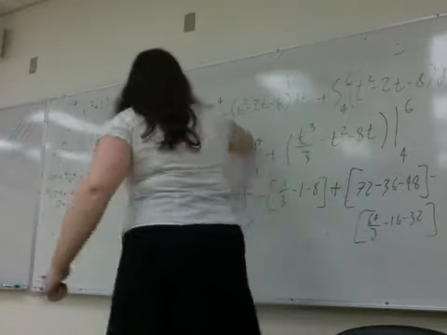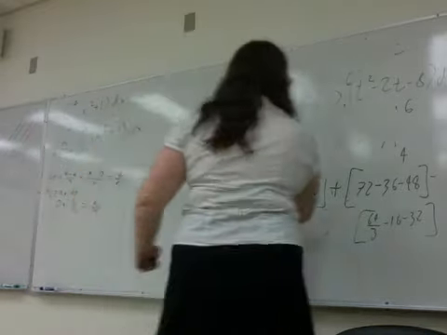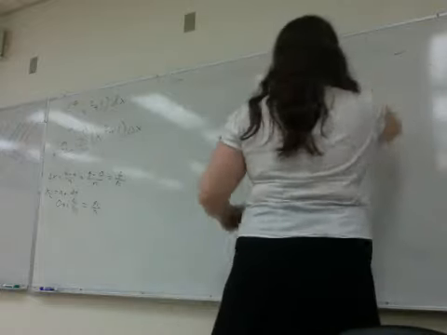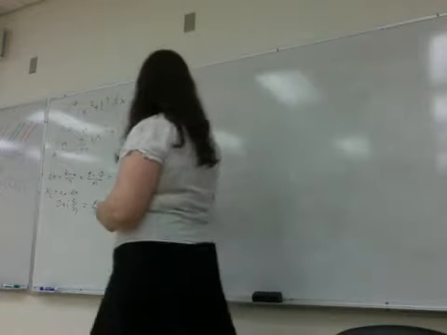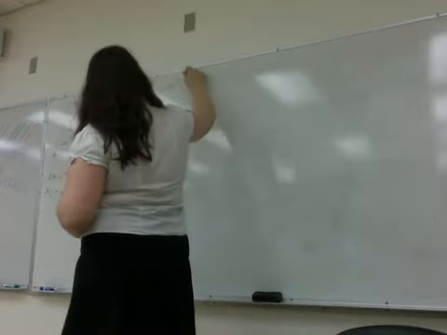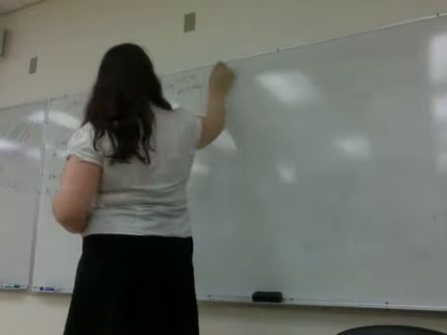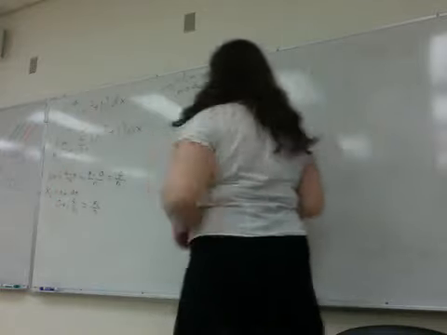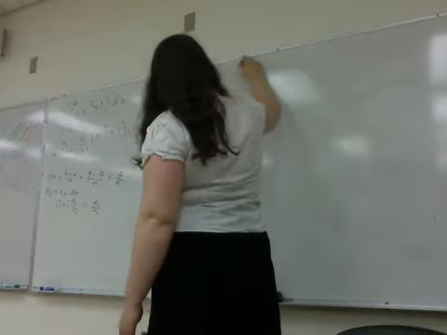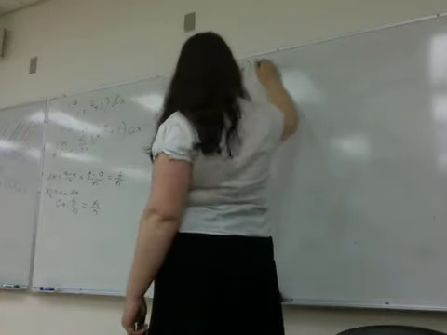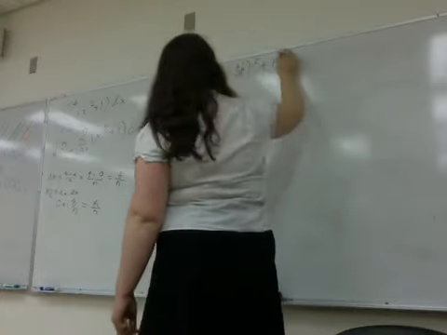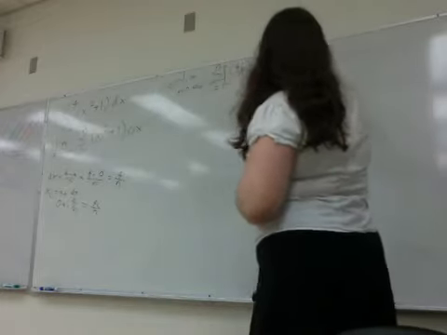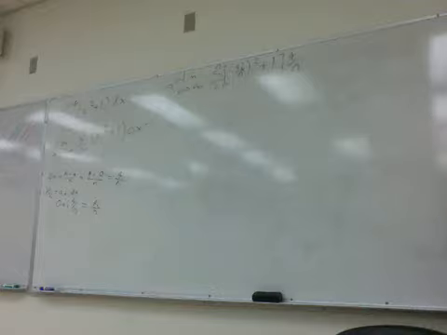So using those formulas, this integral will become the limit as n goes to infinity, sum i equals 1 to n. xi will become 4i over n. So we're going to have (4i over n) squared plus 1. And that whole thing is being multiplied by delta x, which is 4 over n.